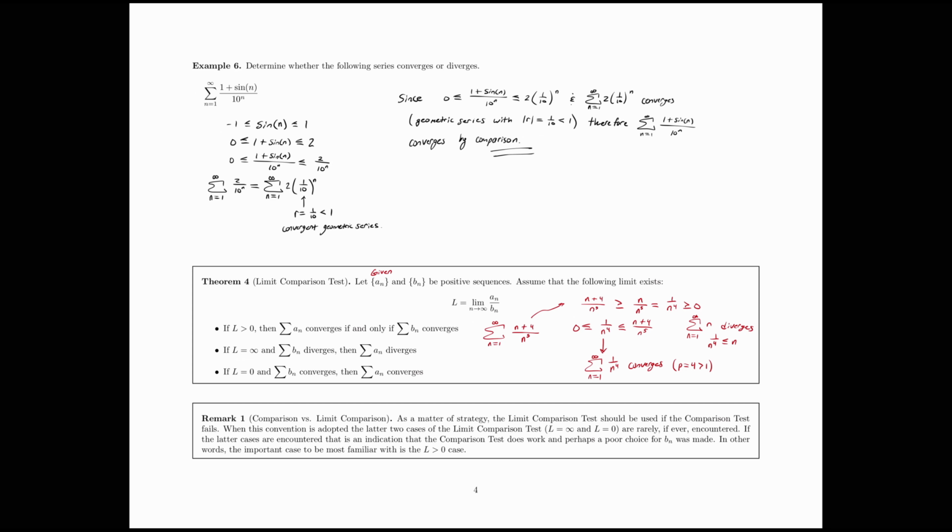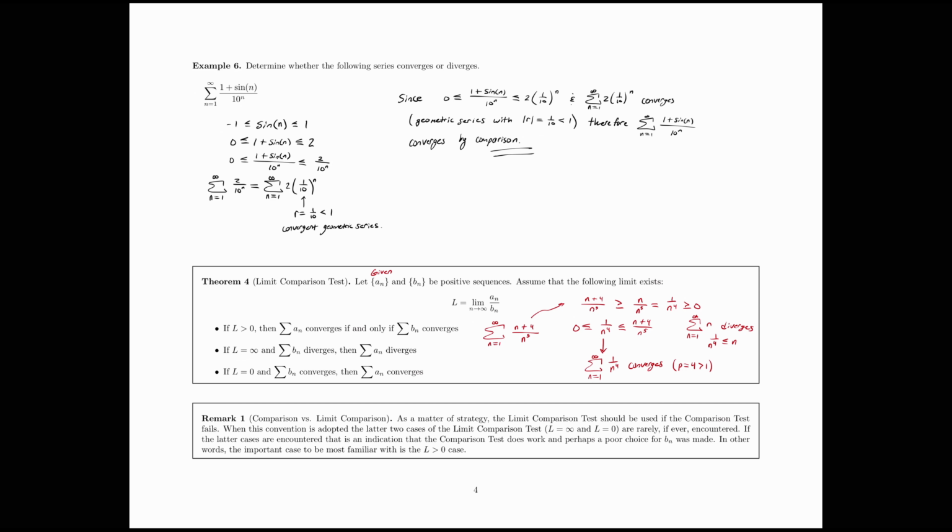If direct comparison failed, you should only be in the positive-limit category. If you jump to the limit comparison test and land in one of the other cases, that generally means you either didn't try direct comparison, or a not so great choice was made for your b sub n.